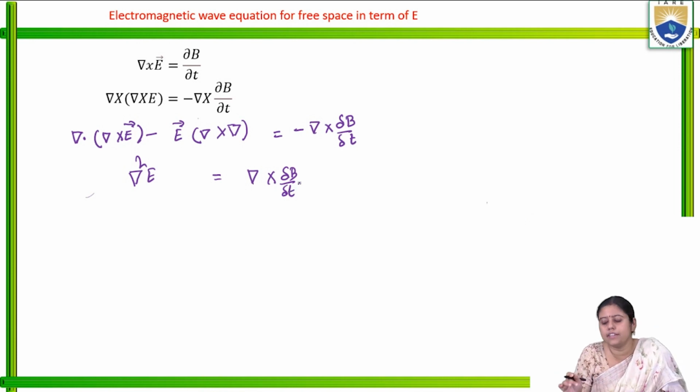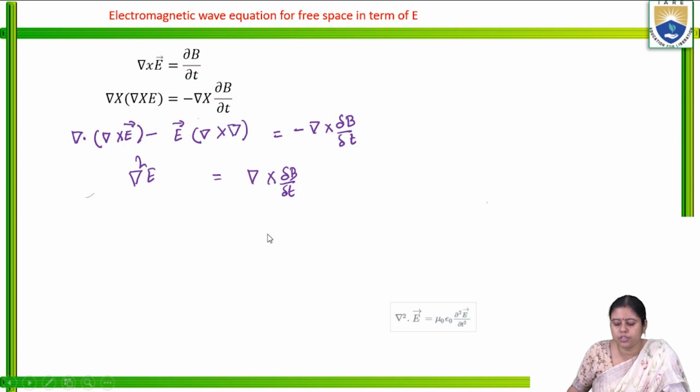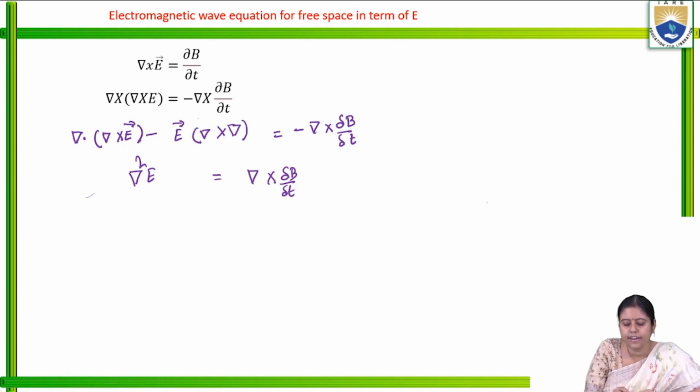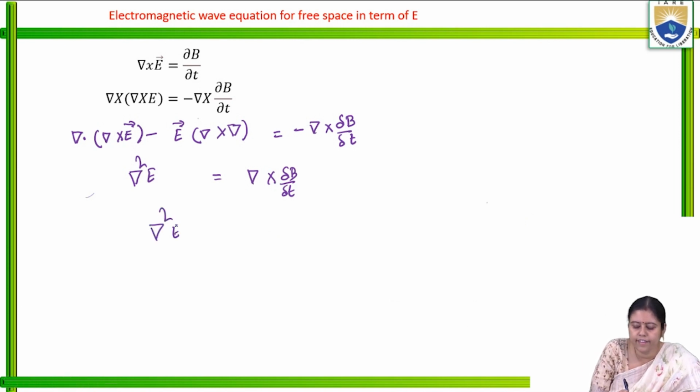The total discussion has been done in the previous class, and if we put the value, we will get grad square E is equal to, what is grad square E? Grad square E is equal to C square del square E by del T square.